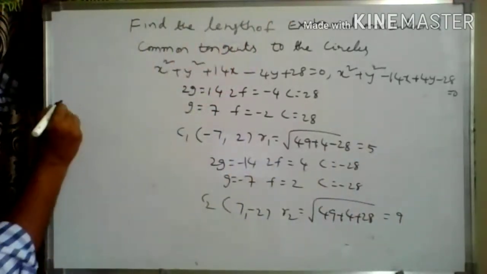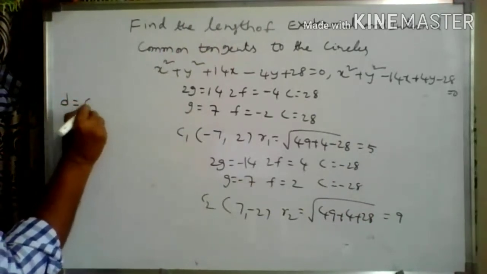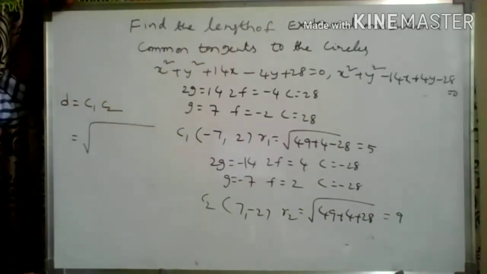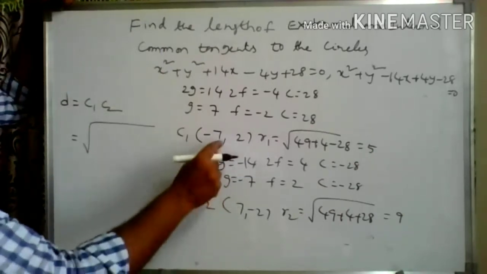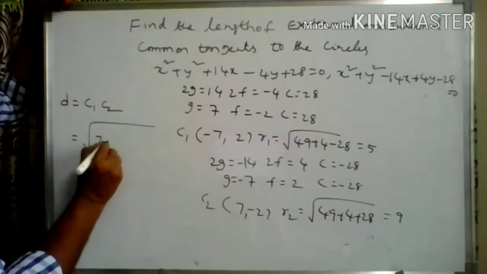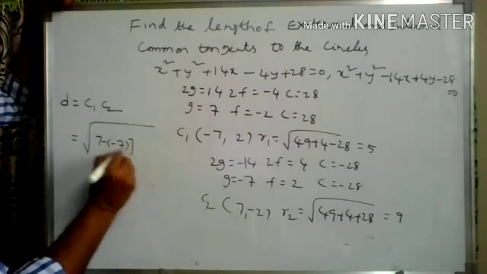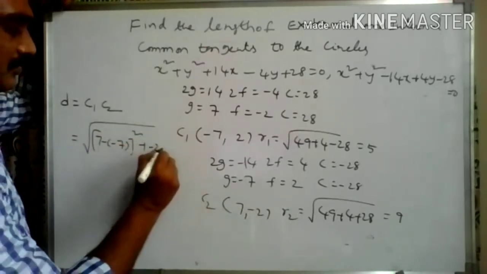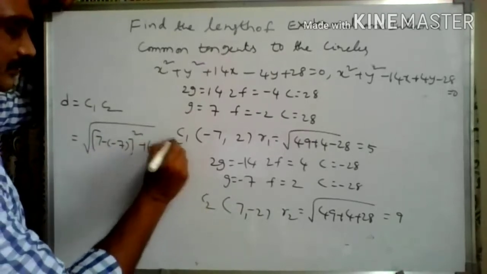Students, next calculate D. D is equal to the distance between centers C1, C2, which is root of x1 minus x2 whole square, 7 minus of minus 7 whole square, plus y1 minus y2 whole square, minus 2 minus 7 whole square.